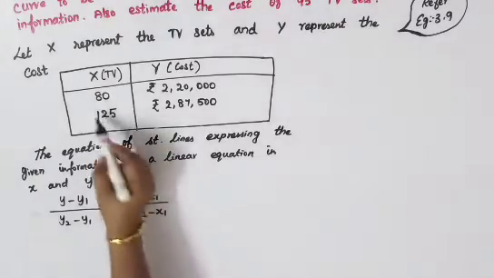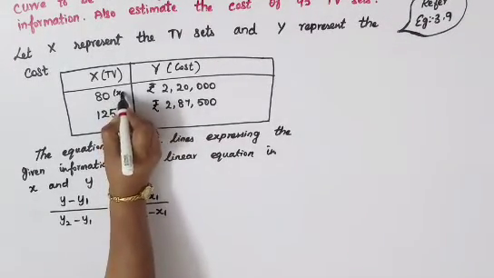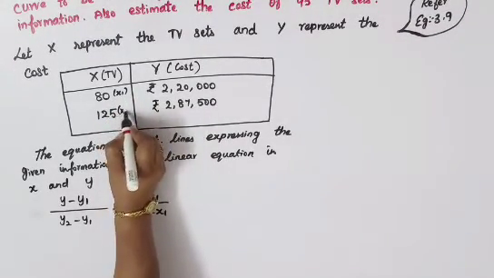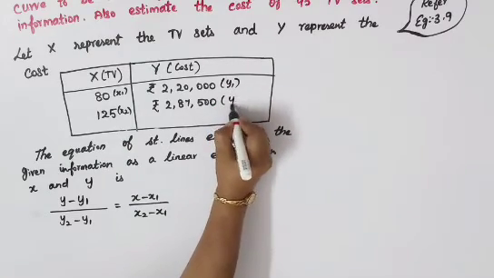Now you will have to substitute these values in your formula. You can take this as X1 and X2, and here this is Y1 and Y2.